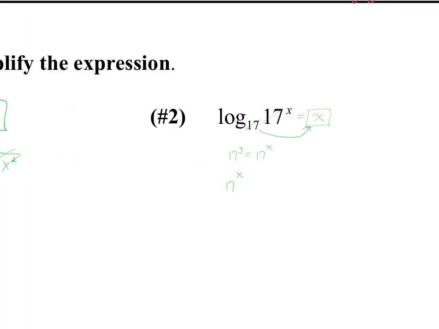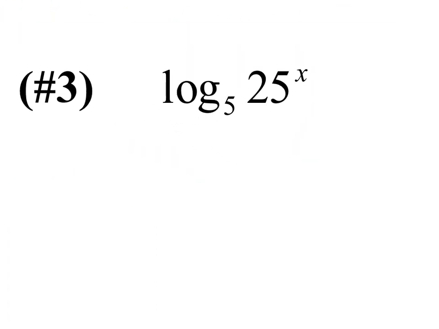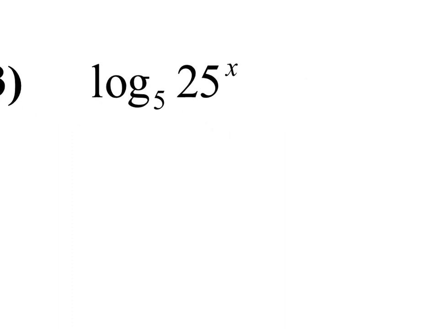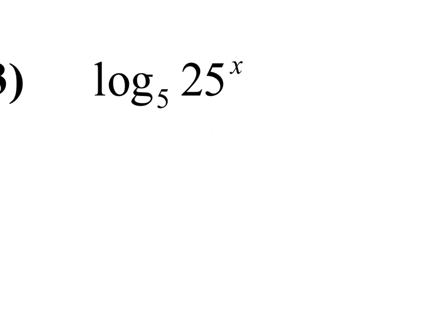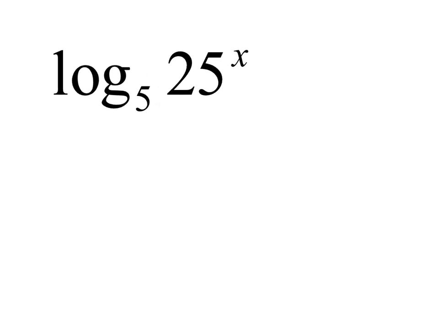We'll talk about the last example now. We have log base 5 of 25 to the x. In this case, they're not actually going to cancel out perfectly because what is 25? If we rewrite this, 25 is the same thing as 5 squared, all to the x.